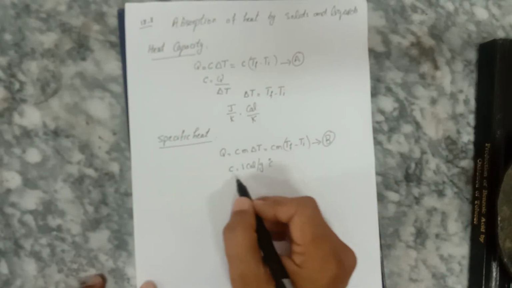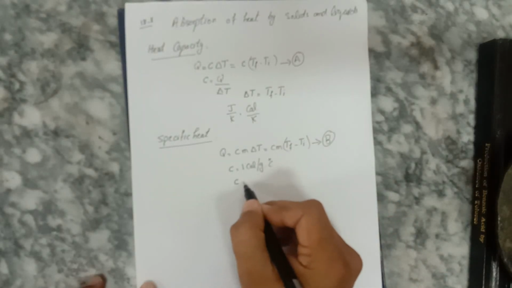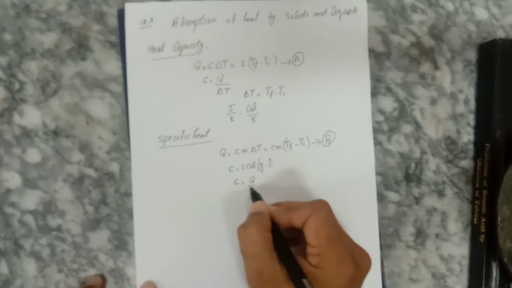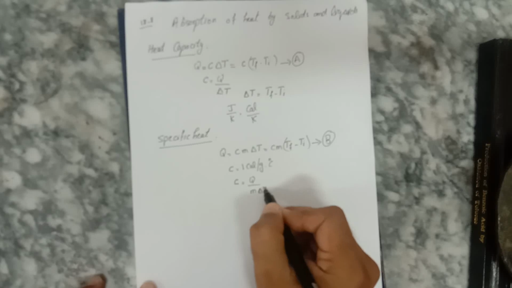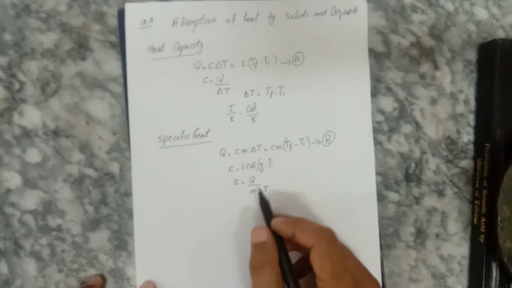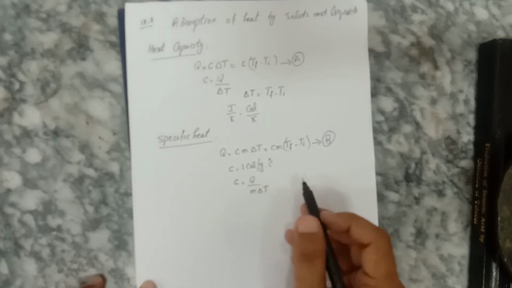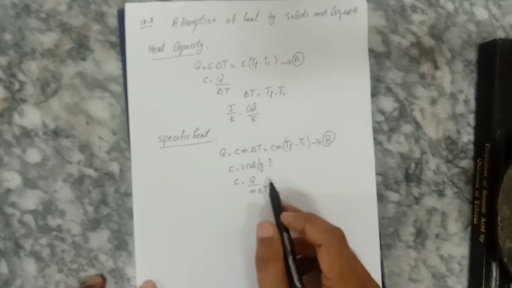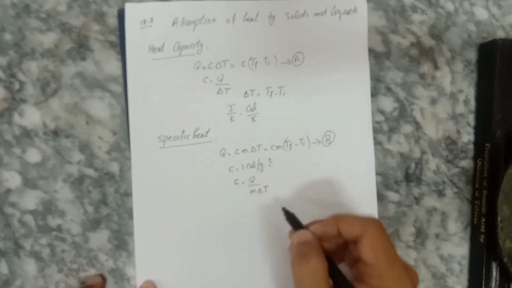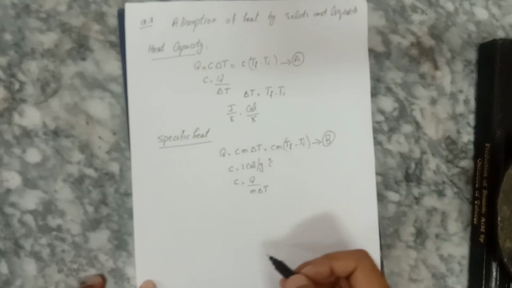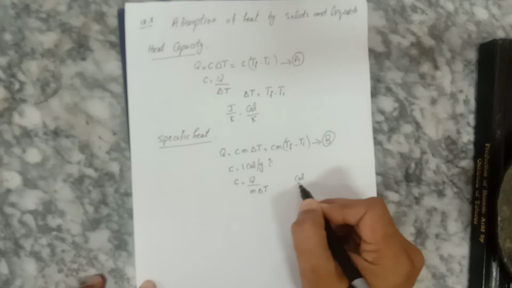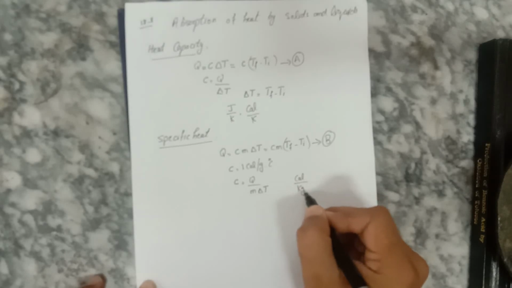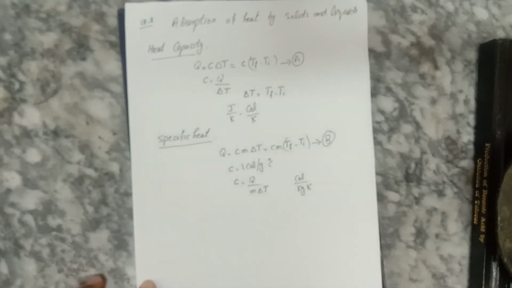As you can see, to define specific heat, C would be equal to Q over M times delta T. So one can see that its units are like Q in calories, mass in grams or kilograms, and temperature in Kelvin. Then its unit could be calorie per kg per Kelvin.